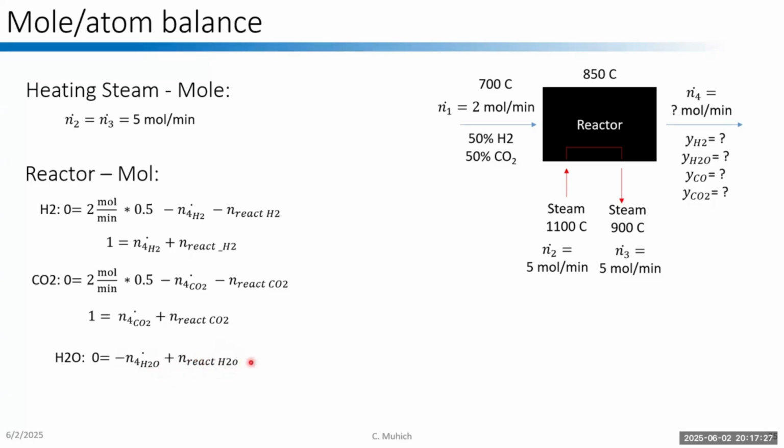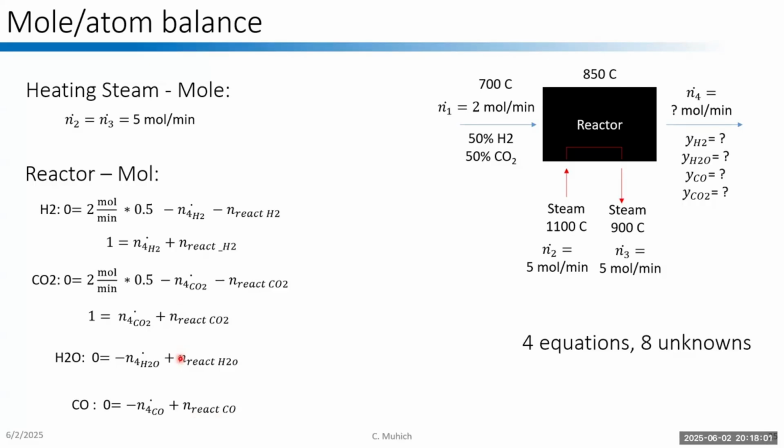So this is the number of moles reacted in this case. And I can do the same thing for CO. In this case, I have 4 equations and 8 unknowns, because not only do I have the species, but I don't know how much each of them reacted. So I'm almost worse off than I was before.